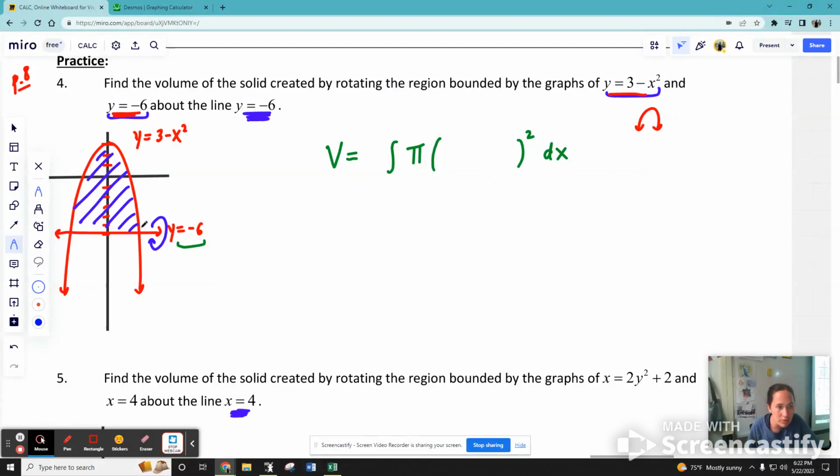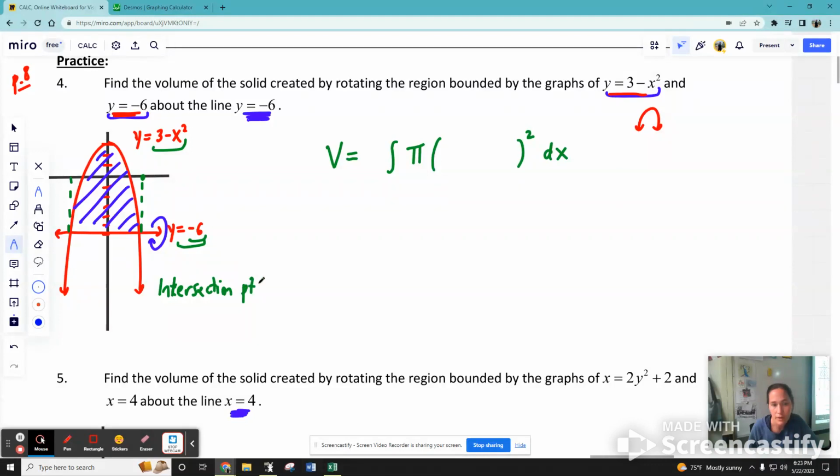So we got to think, let's get those limits of integration. We want to know the x values where these graphs are going to coincide. We need these intersection points. So you can use a calculator to get them, or we can just set the two expressions for y equal to one another, like we've done in other problems.